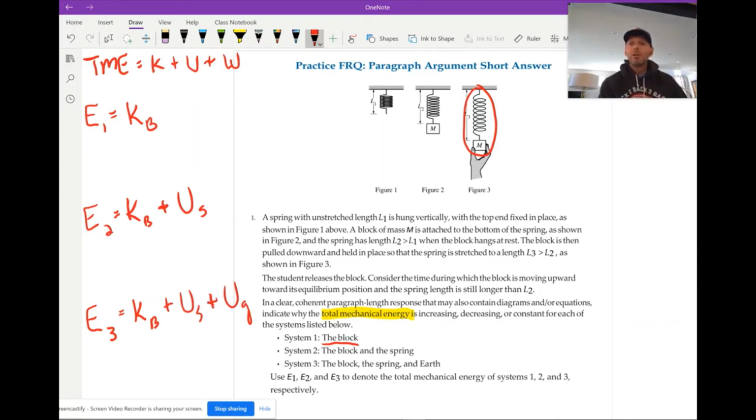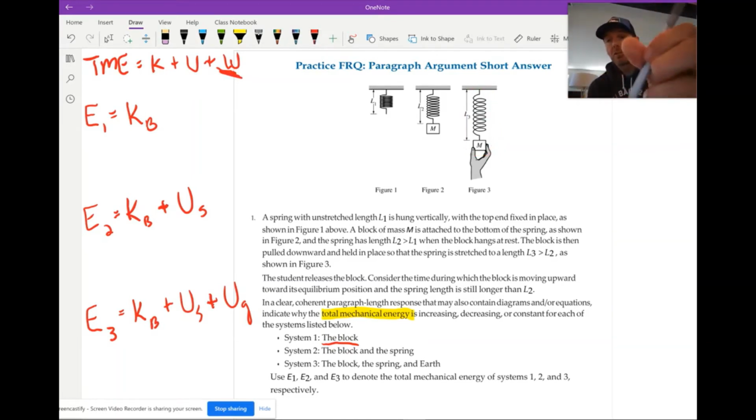So now we're moving on to trying to figure out increasing, decreasing, or constant. That's where this idea of work comes in. Work is caused by outside forces on a system. So let's think about the first system as just the block. And remember, it's after the hand lets go. So we know the block is moving upwards. So there's an outside force from the spring and an outside force from gravity.